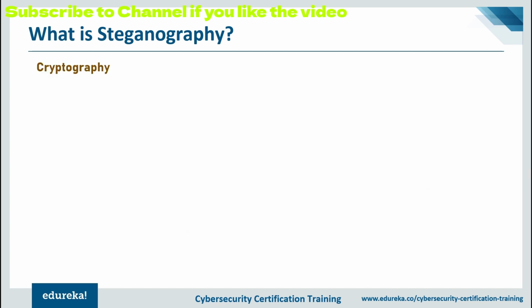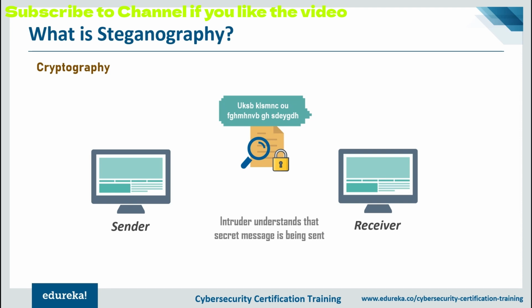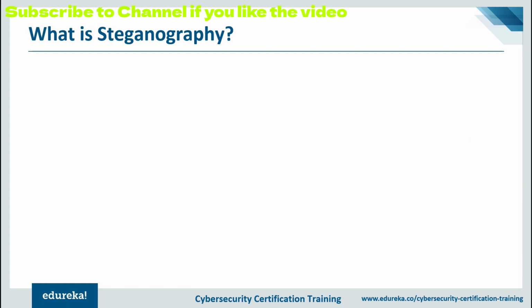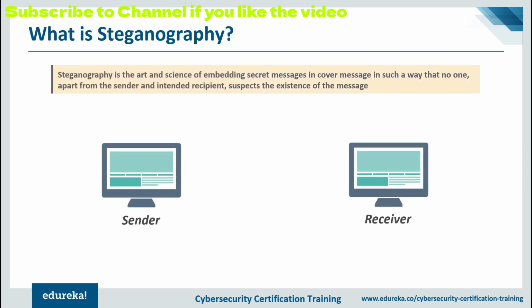The answer is very simple. When we are using any cryptography technique, we need to send a secret key and a third person can easily judge that some secret kind of communication is going on. In simple terms, cryptography does not try to hide the fact that a secret message is being sent. This is where steganography comes into the picture. The main reason for using steganography is that you are hiding your secret message behind an ordinary file.